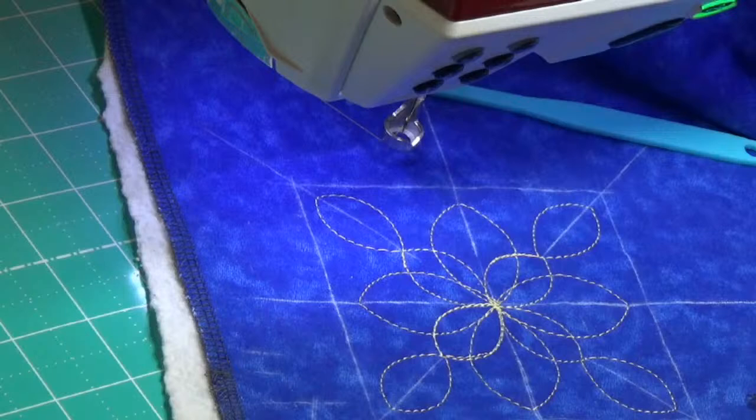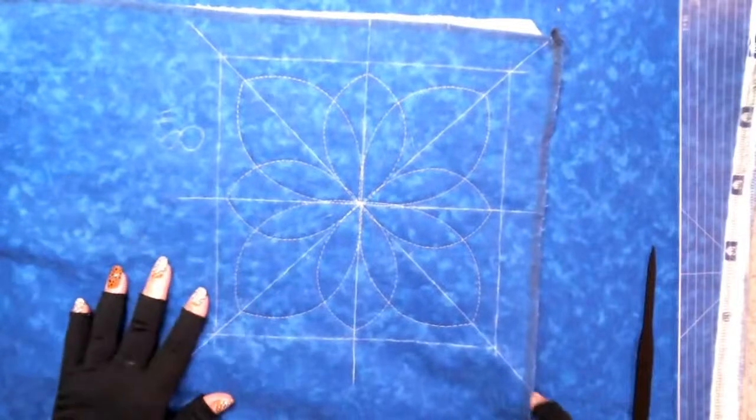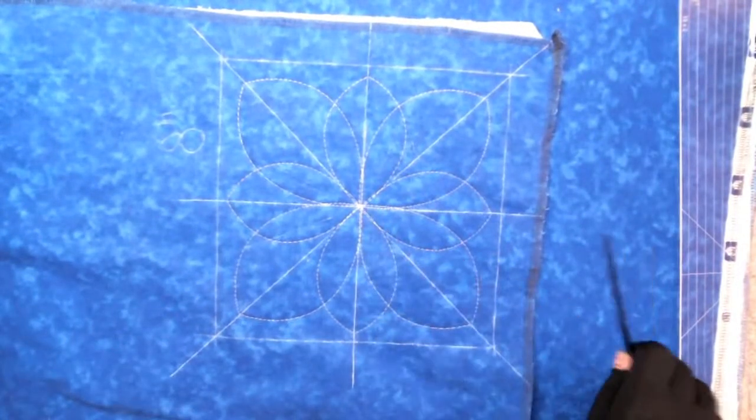Just real quick, we're going to look at all of these designs that we've just done. I'm going to take them over to the board so you can see them better. Here we started with the 8-inch design, using the 7.5 and the 9.5.